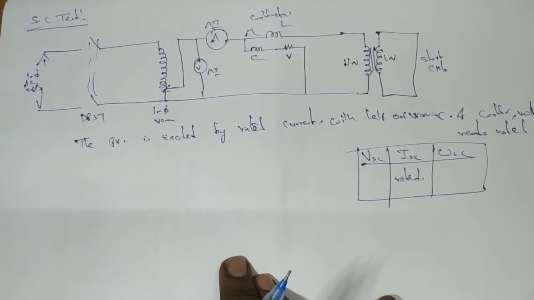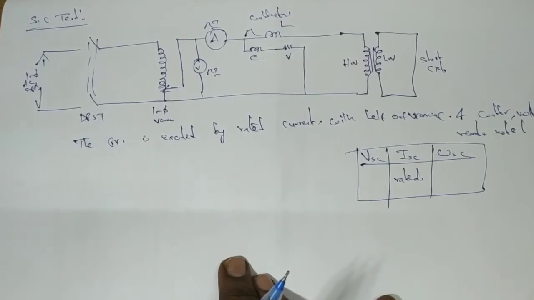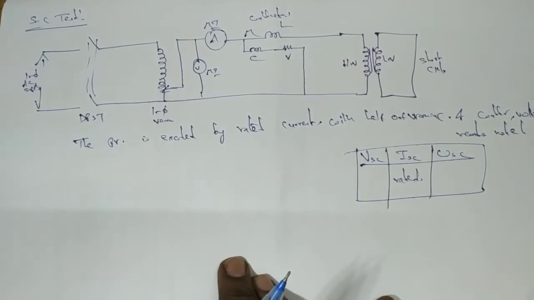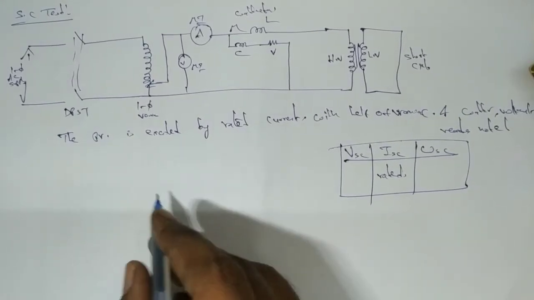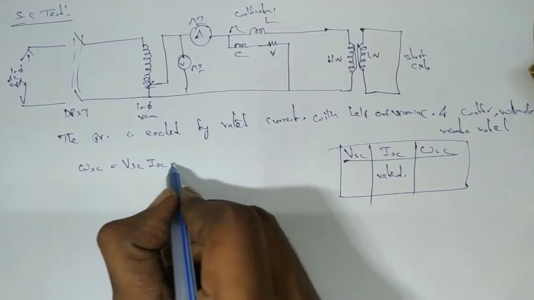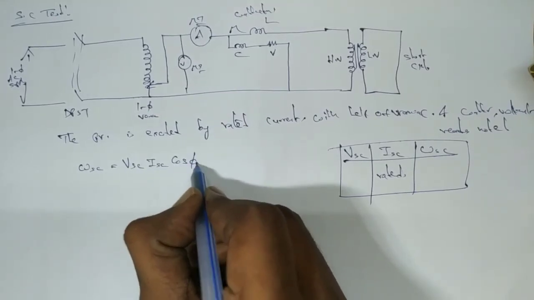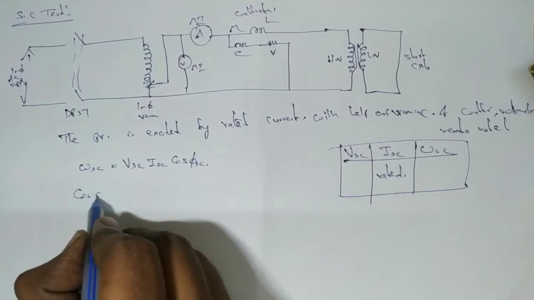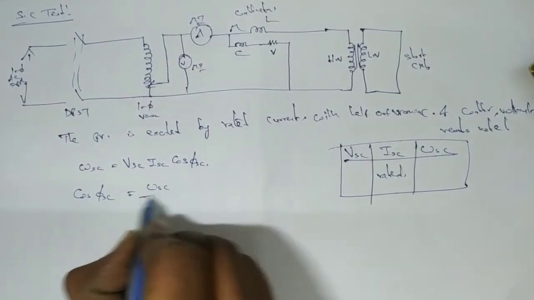The main formula in the short circuit test is WSC equals VSC into ISC into cos phi SC. From this, cos phi SC can be written as WSC divided by VSC into ISC.